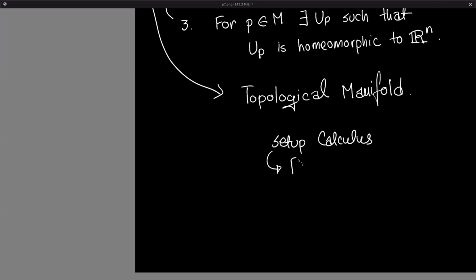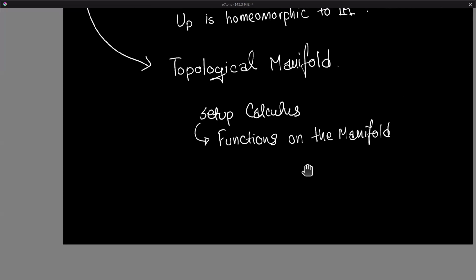So to set up calculus, we need functions on the manifold, and we need smoothness. In general, you want the functions to be C^r, or you can have them be C infinity.